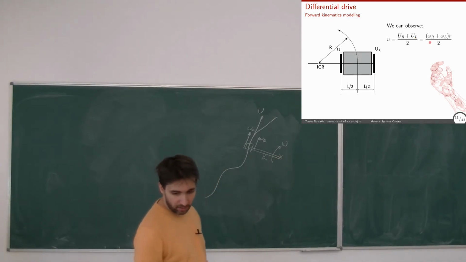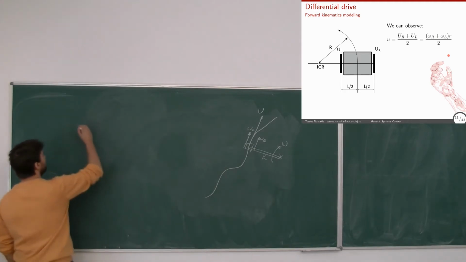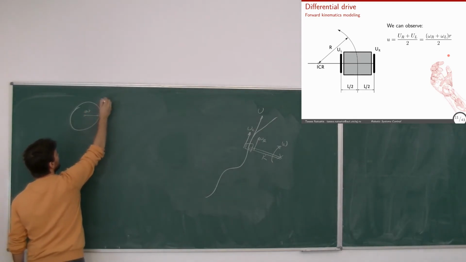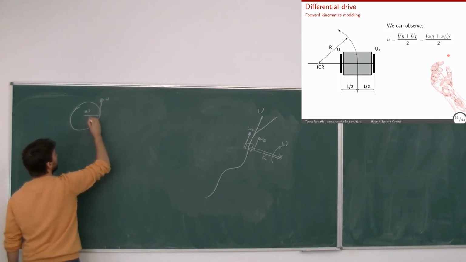Now here I also wrote it in the form of the linear velocity of the wheels, and I also transform it as the angular velocity of the wheels, because that's actually what we're controlling. We saw that the angular velocity and the linear velocity are related.